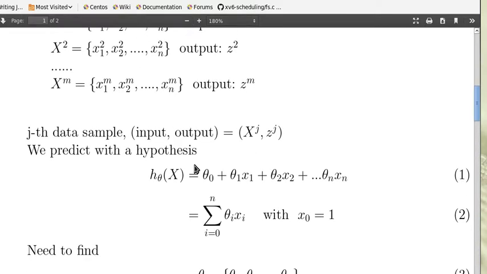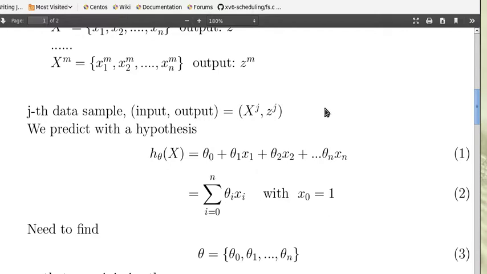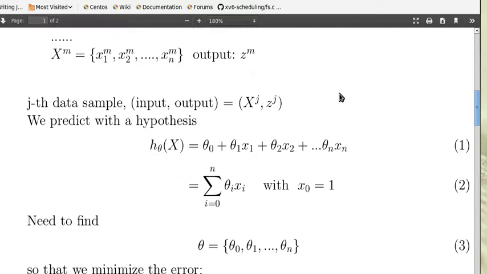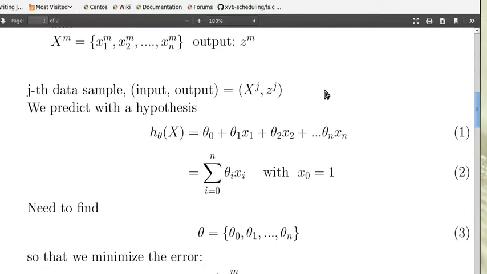So now, given an arbitrary input, we want to predict or ask what's the output. Say for example, for this kind of house with 3 bedrooms and 1,000 square feet, and built in 1980, what's the cost of it?